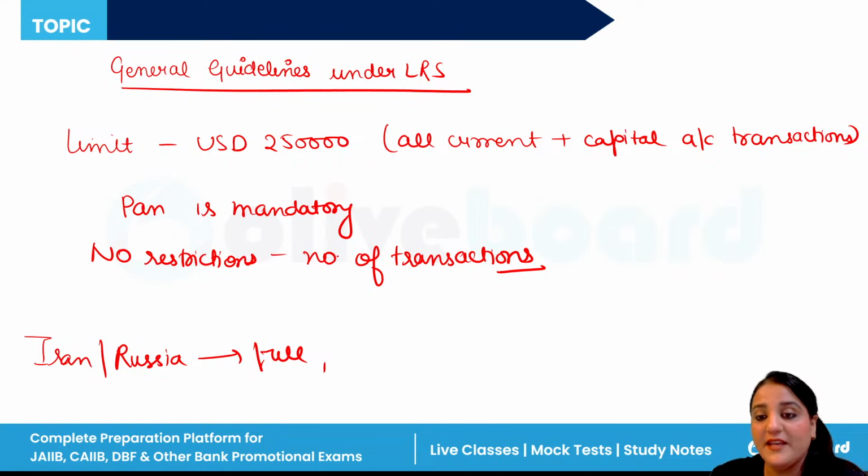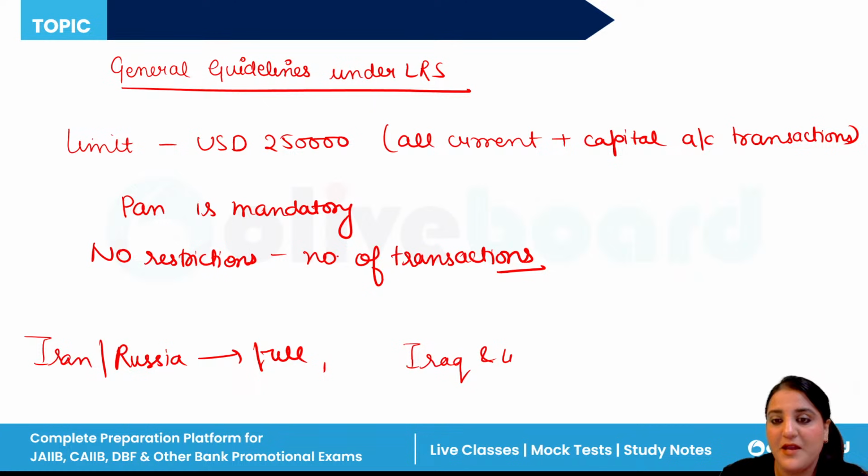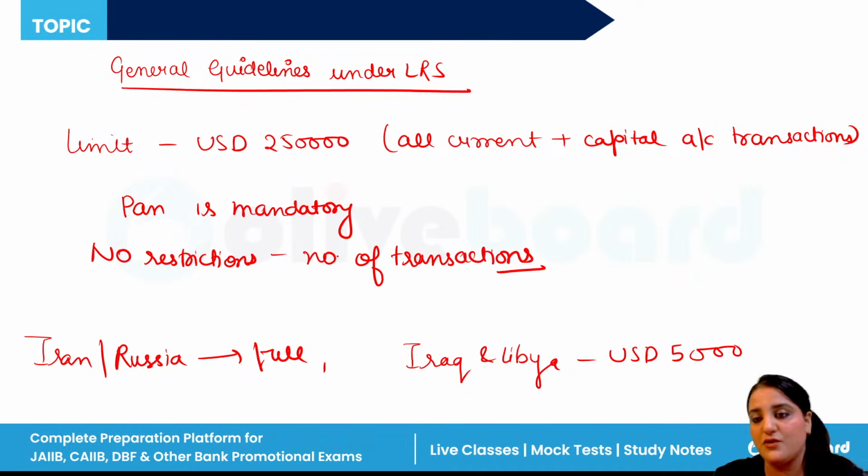Then in the case of other countries, US dollar 3000 is allowed except Iraq and Libya, where US dollar 5000 is allowed, and US dollar 3000 for Hajj travelers as per the Hajj committee guidelines. And whatever unutilized forex there is, it must be returned to the authorized dealer within 180 days. There is a limit of 180 days in the case of unused foreign exchange, right?